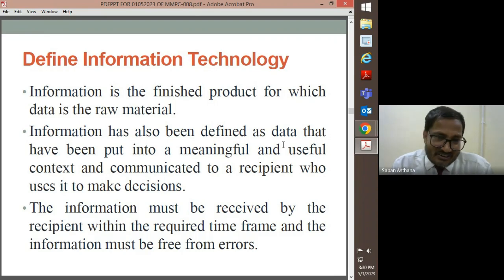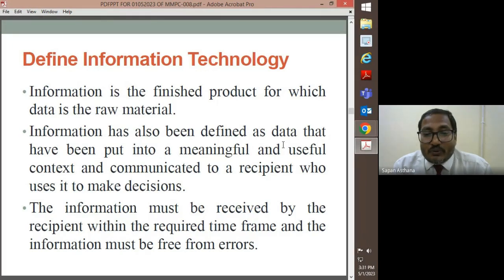That's why all of you read the newspaper. When you read the newspaper, you come to know various information about society, nation, and the international level. Newspaper is also one of the best and most authentic sources of information.